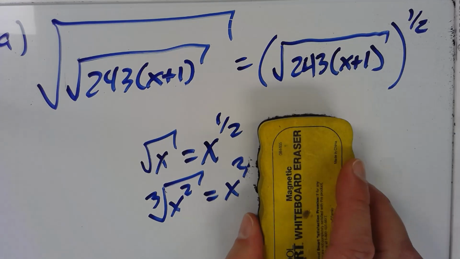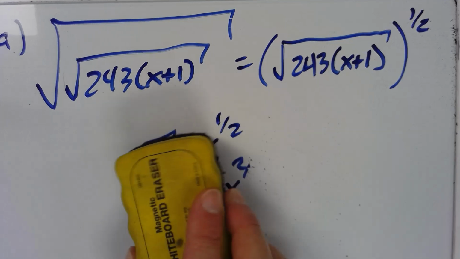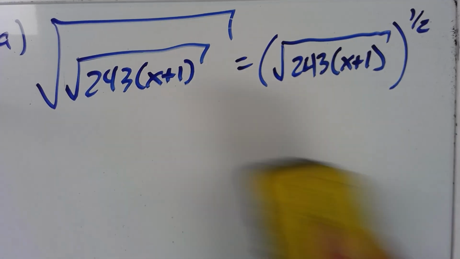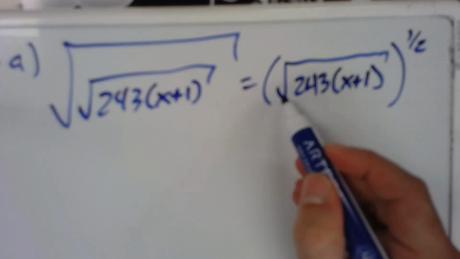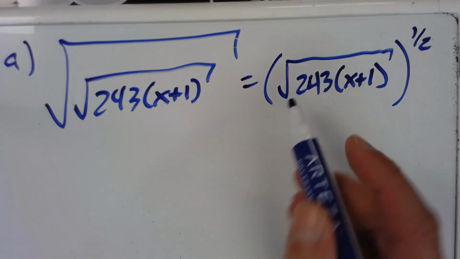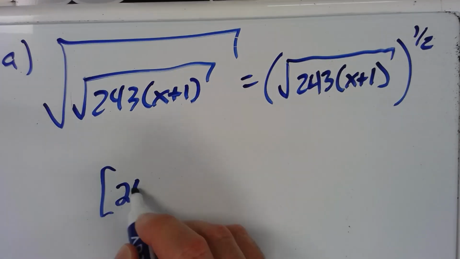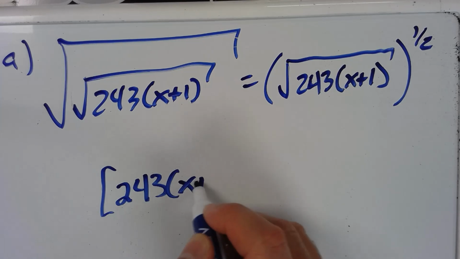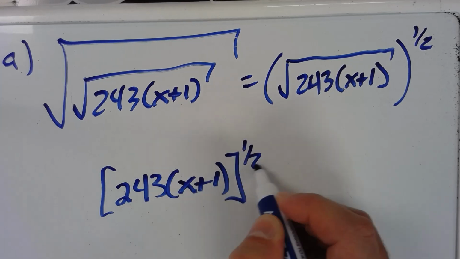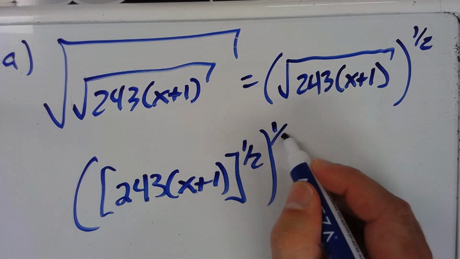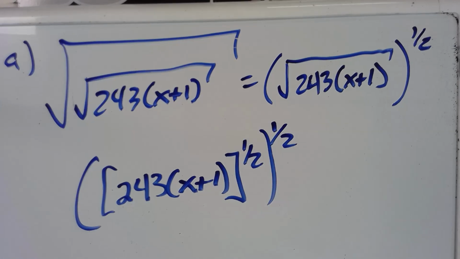All right, so now we're going to do the same thing with this square root. So I have 243 x plus 1 to the 1/2, but it's still to the other 1/2. And that tells us a power to a power tells us to multiply.